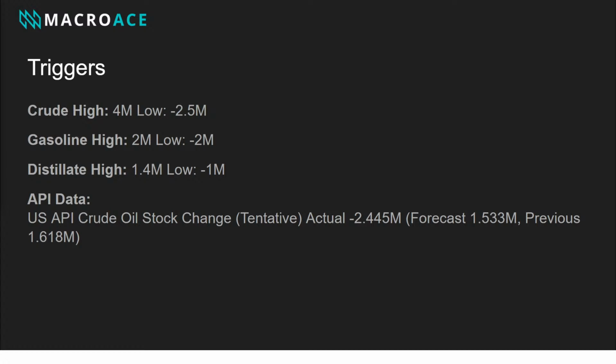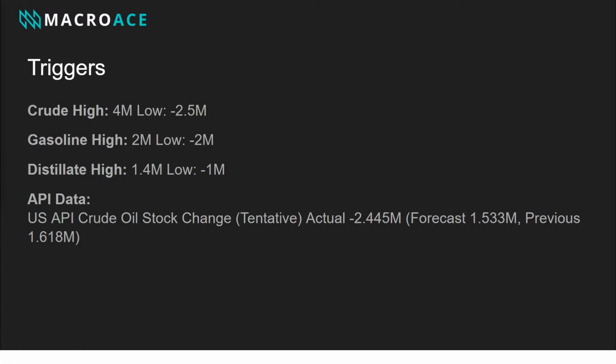If the headline figure for crude oil inventories showed a build or a draw, sometimes you can get the EIA data for the following day showing a build or a draw in line with the same direction as the API data has shown the night before.